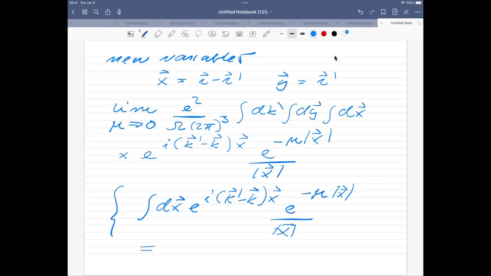So what I would get then is an integral over x squared dx. And then I have my d omega, or d theta of sine theta of d phi. And then there is no phi dependence here.